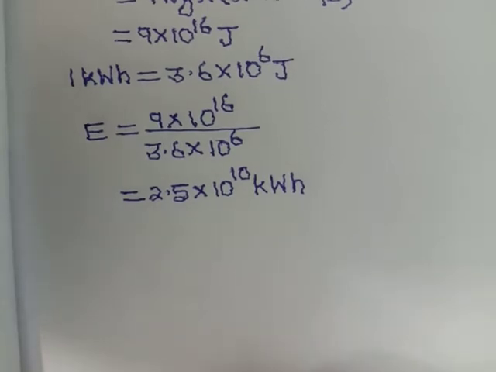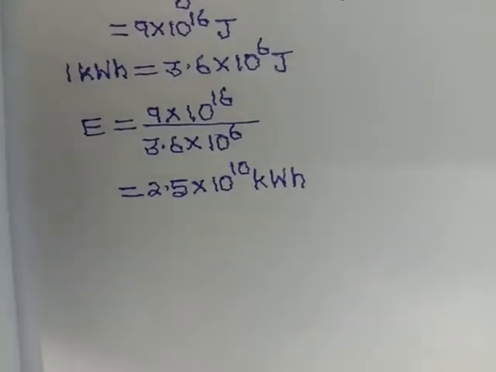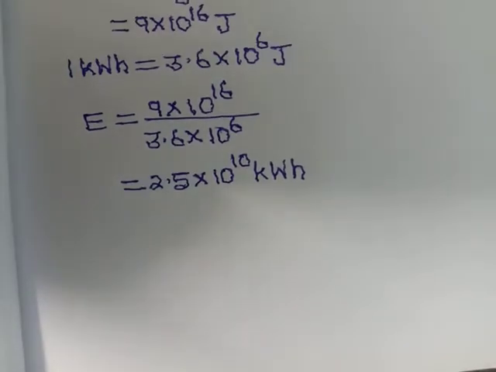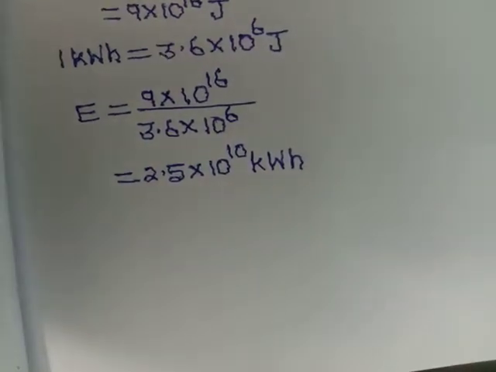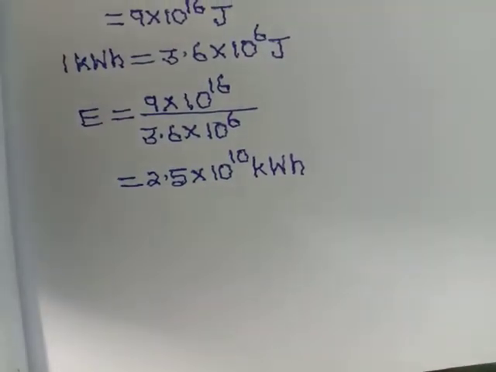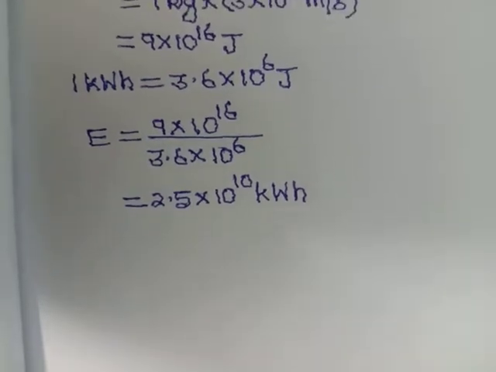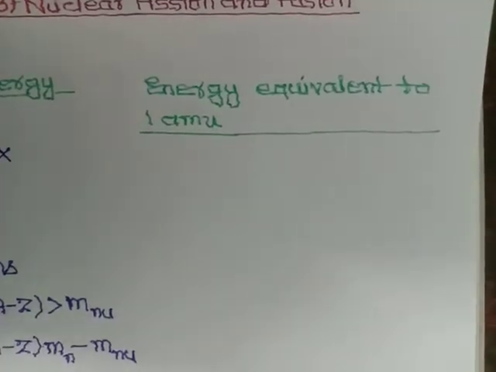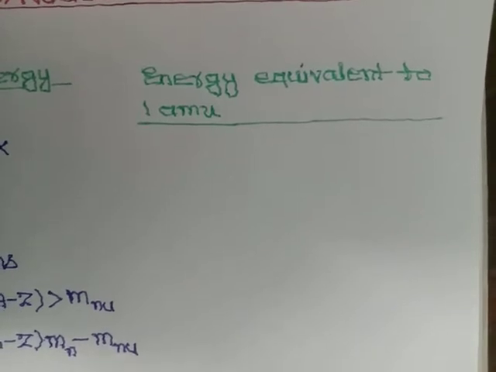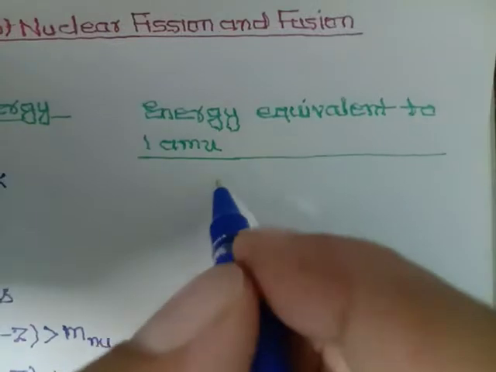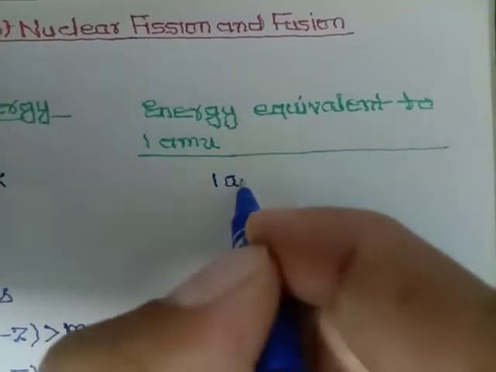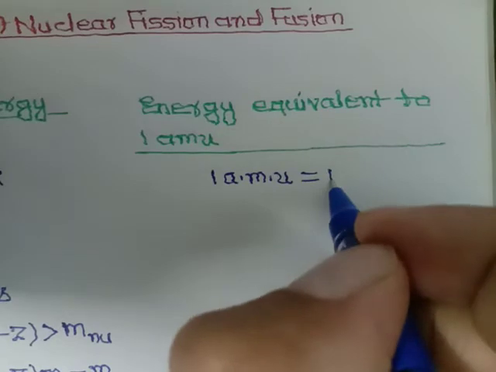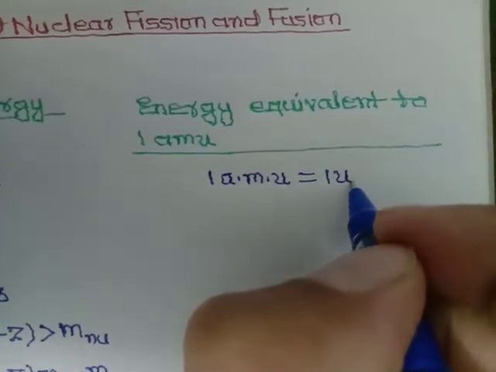Atomic mass unit is the unit to represent the mass of atoms, nucleus, electrons, protons, neutrons, etc. So now we will study the energy equivalent to mass 1 AMU, or simply 1 u, or unified unit.